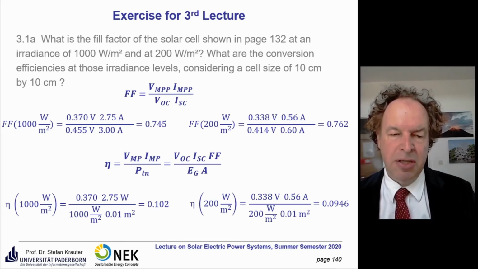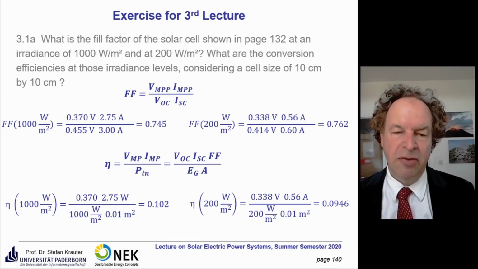That's a pity, because when you have low irradiance level, you have additional losses, and you don't get proportionally the power output, you get a bit less. This depends very much on the purity of the materials, because this is determined by the resistor RP, which is bypassing some of the current and accordingly some of the power.